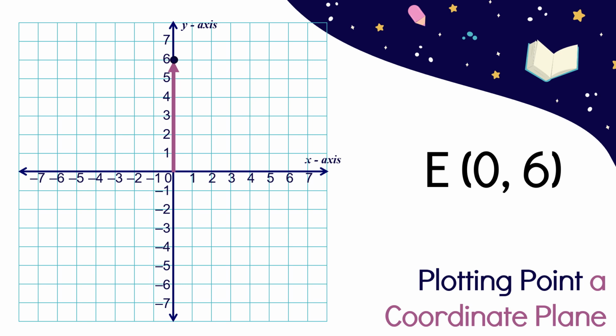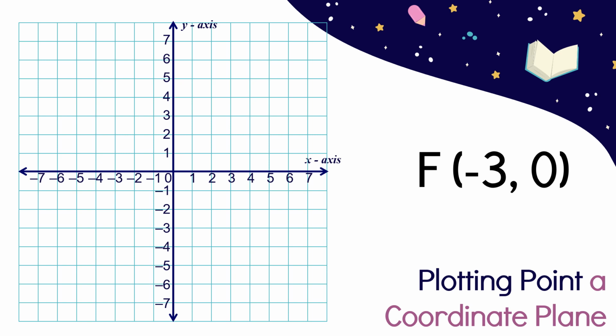This is point E. How about point F, which has coordinates of (-3, 0)? We move 3 units to the left of the origin. And since the value of the second coordinate or ordinate is 0, that will be the location of point F.